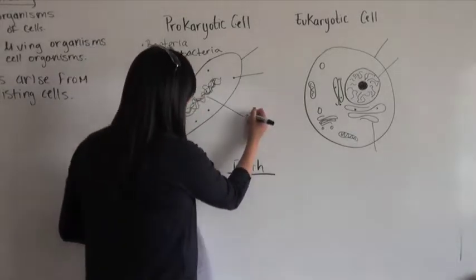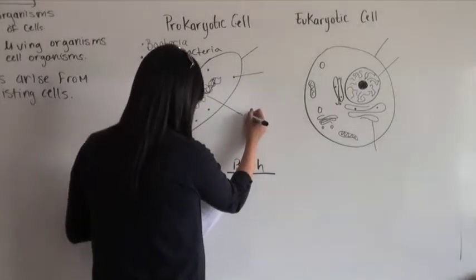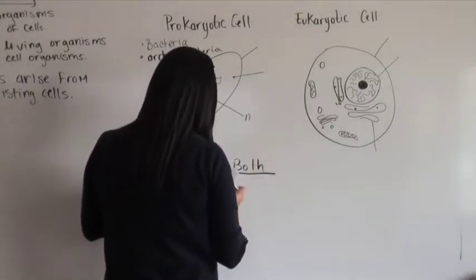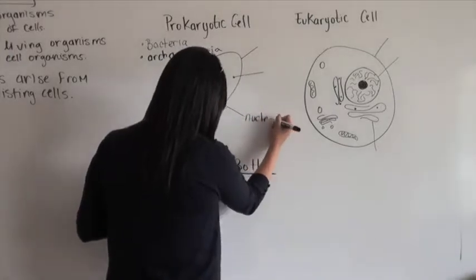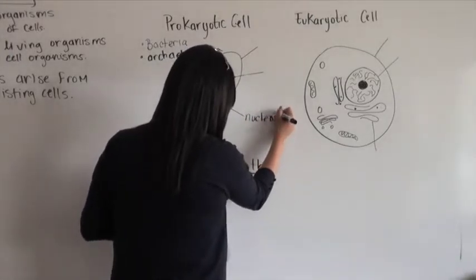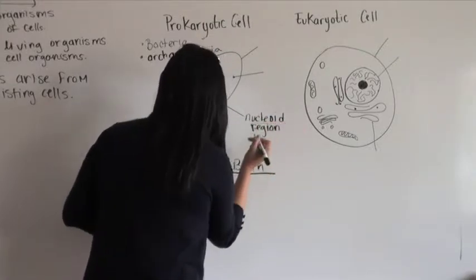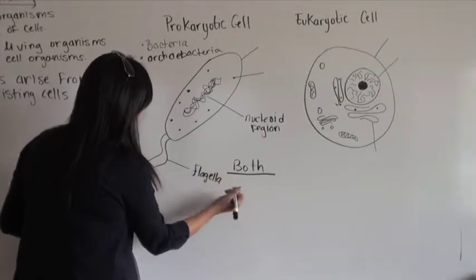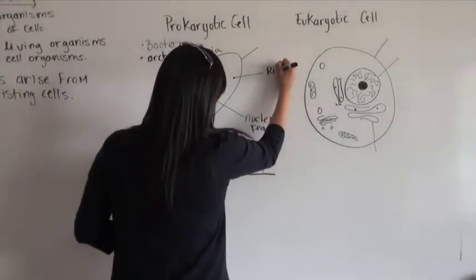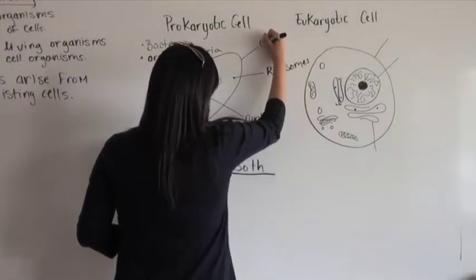They have the DNA area, which is called a nucleoid region. They also have flagella, ribosomes, and a cell membrane.